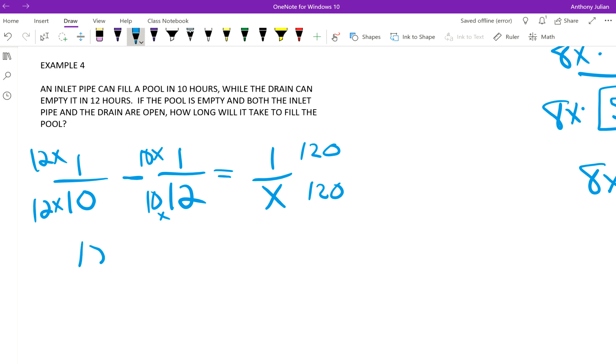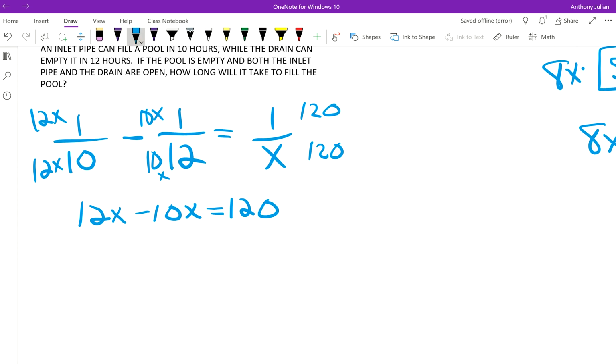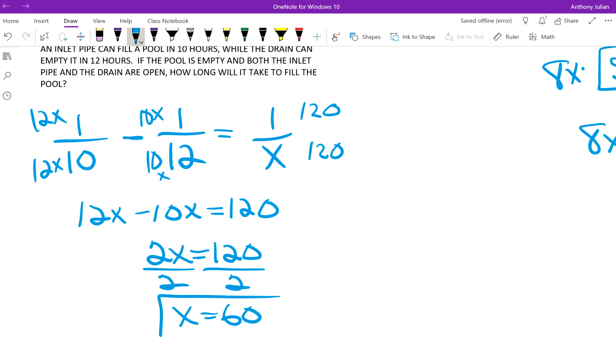Then I've got 12x minus 10x equals 120. 12x minus 10x is 2x. That equals 120. Divide by 2. So x equals 60. How long will it take to fill the pool, given that it takes 10 hours to fill it and 12 hours to drain it?